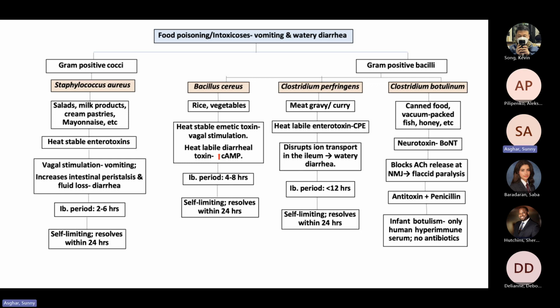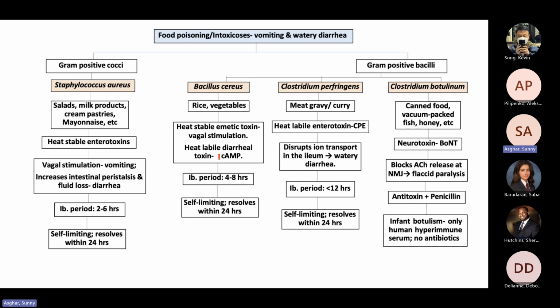The way that it works is that it's blocking your acetylcholine release at the neuromuscular junction, and that can lead to paralysis, right? So you'll have flaccid paralysis in the face or your hands, and you would need to use antitoxin and penicillin for it.